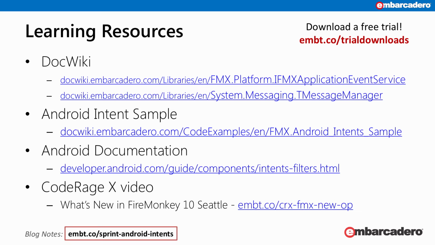So I'll add C++ links for CodeRidge videos and so on, and sample code for C++ to this same blog. So the URL that you see on the screen for blog notes will be used for both the Object Pascal one today and the C++ one on Thursday. So if you're looking for C++ code, come back Thursday and you'll get your fill.